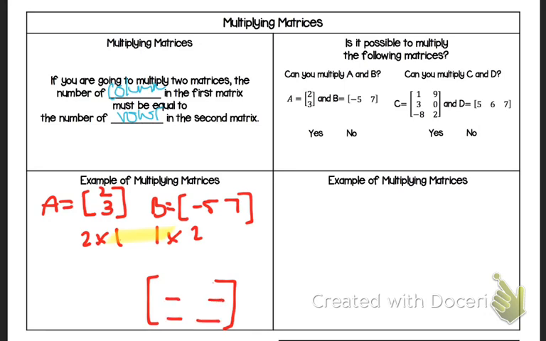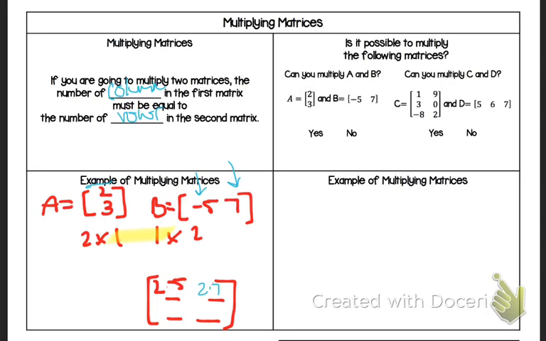Okay, so to get your first column, we do first row times first column. So 2 times -5, since there's only one element in each row. That's easy. This one right here is our first row, second column. So first row times second column here. So 2 times 7.